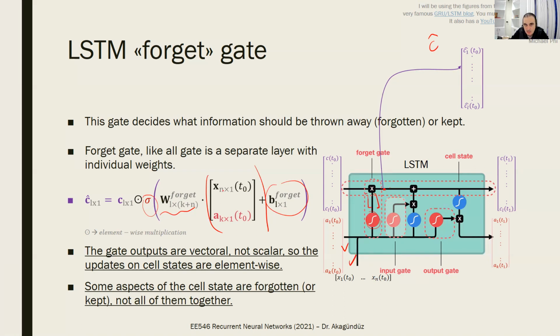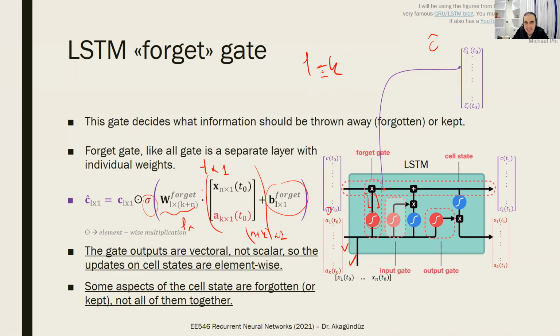So this is something like n plus k by 1, and this is L, which is the length of the cell state. L could be equal to K, it doesn't matter. So the weights are L times (n plus k), and this multiplication gives L times 1. And this is L times 1 too. So you are feeding an L times 1 to the sigmoid.